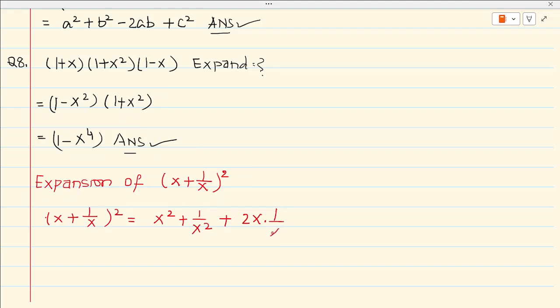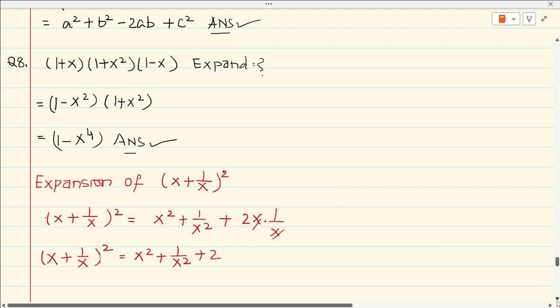This is b. So cancelling this term with this term, we get x square plus 1 upon x square plus 2. So this is the expansion of x plus 1 upon x whole square.